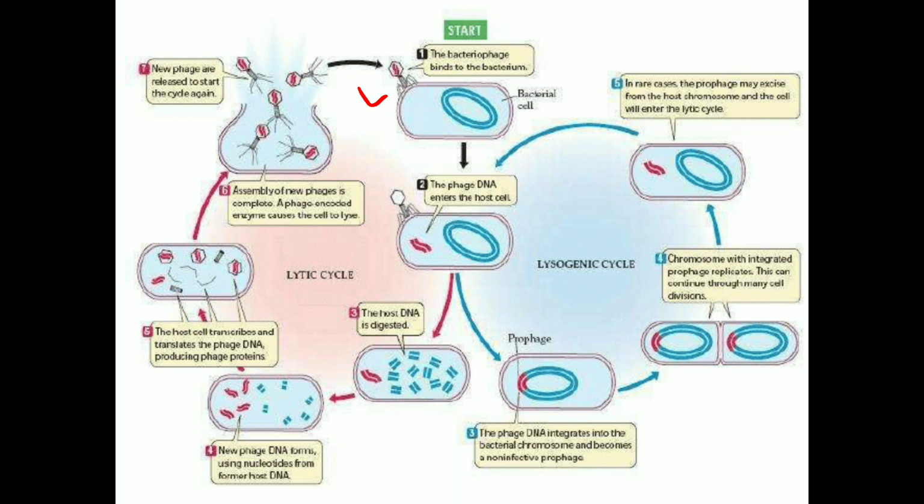This is the bacterial cell, which contains the bacterial chromosome. Here it is, the bacterial chromosome, which is present inside the bacteria. So first is attachment, where the virus or bacteriophage comes in contact with the cell wall of bacteria.